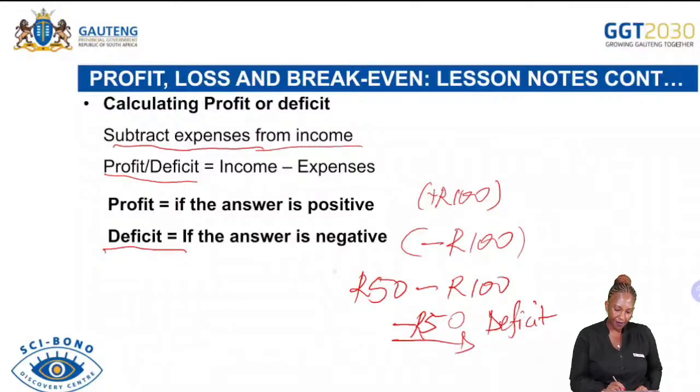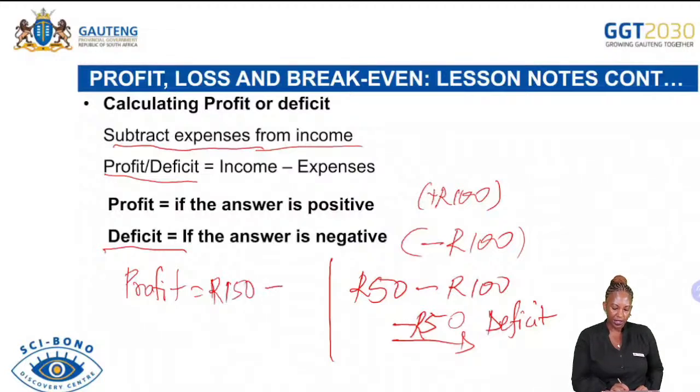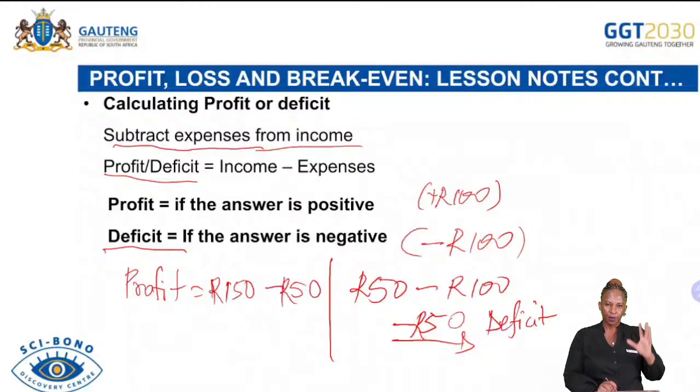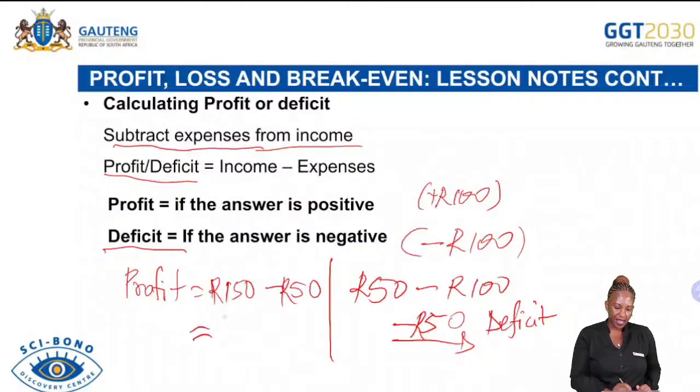But once I say a profit now, once I say I sold these items, I got 150, and then how much did I use? I've used 50 rand to stock. I spent 50 rand, and then after selling, I get 150. Then that means my profit will be the income minus the expenses.